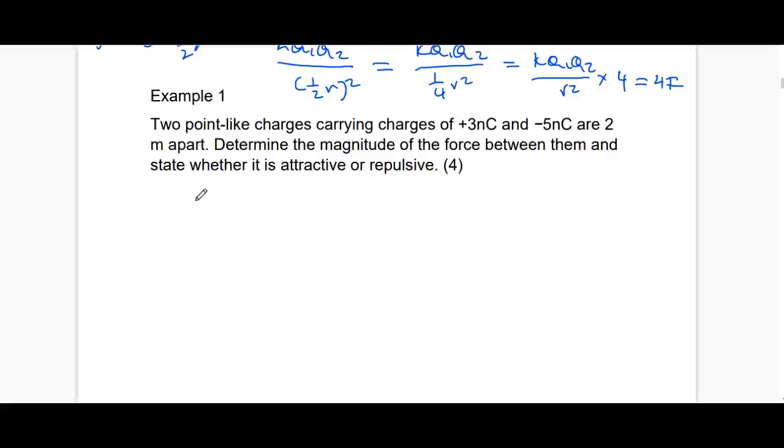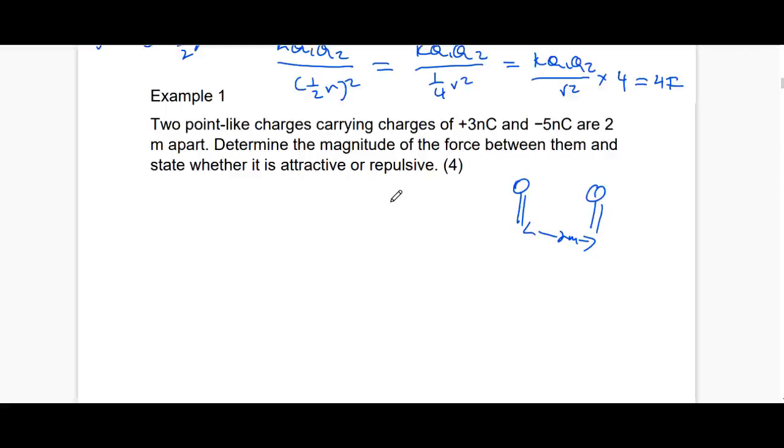Here we have two spheres, two point charges separated by a distance of 2 meters. They want us to calculate the magnitude of the electrostatic force between them.